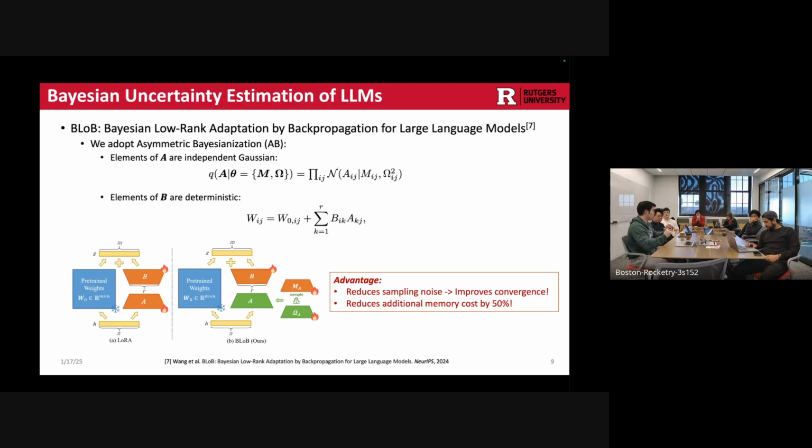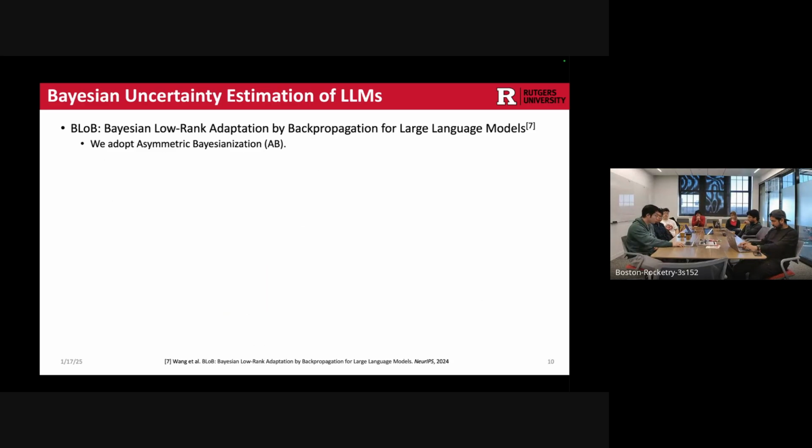However, because during the training you need to sample from this Gaussian distribution, at the beginning the B matrix will be extremely noisy, and it actually hurts the performance. So with this asymmetric Bayesianization, B at the beginning is a zero constant, so it doesn't hurt the performance. Also, compared to Bayesianizing A and B at the same time, you can reduce the additional memory cost by 50%. So that's the extra advantage that we have.